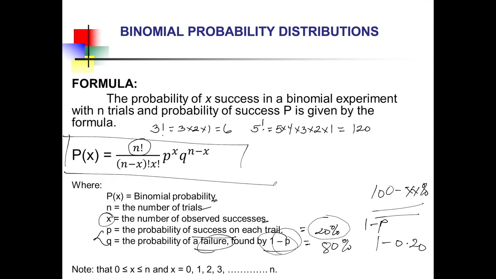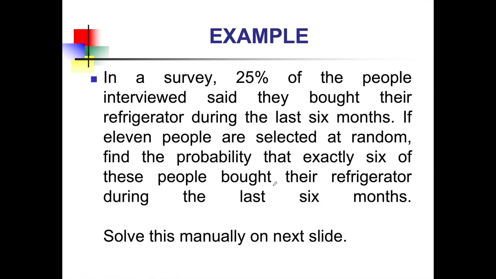Alright? So for us to understand the binomial probability distribution better, we have here an example problem. It says that in a survey, 25% of the people interviewed said they bought their refrigerator during the last 6 months.